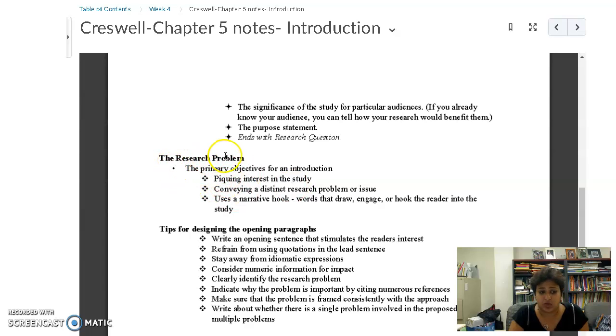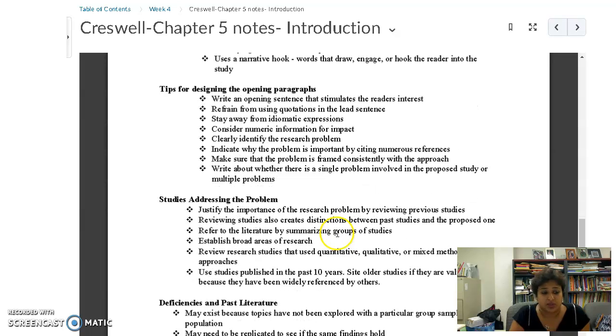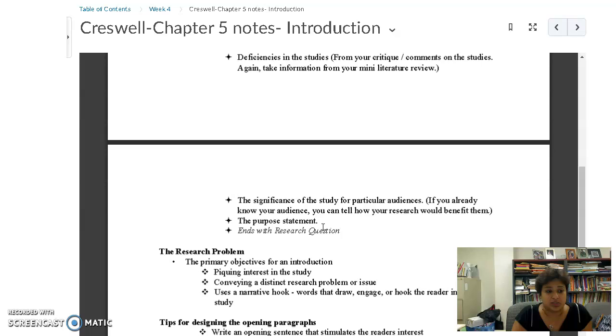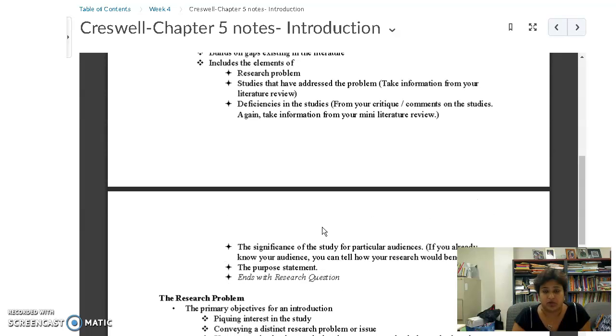Here's more details on the research problem and tips for designing the opening paragraphs and other things. Read your chapter. Your chapter has really great information about it. Your introduction is one assignment. Your purpose statement and hypothesis will be one assignment, and for your purpose statement they've given you a script, so you don't have to do every one of them.